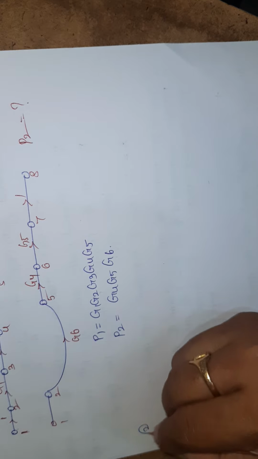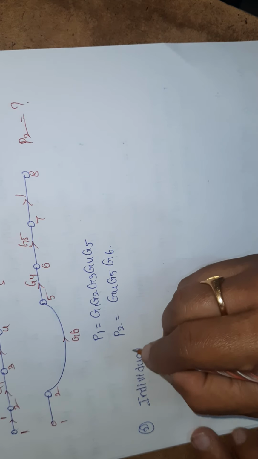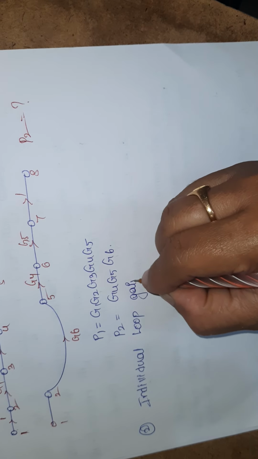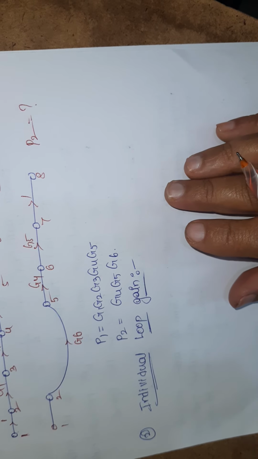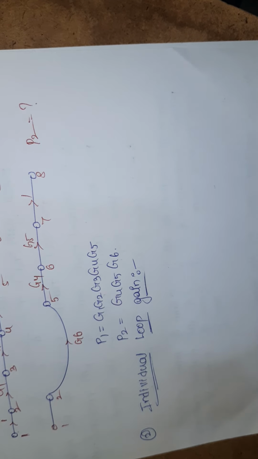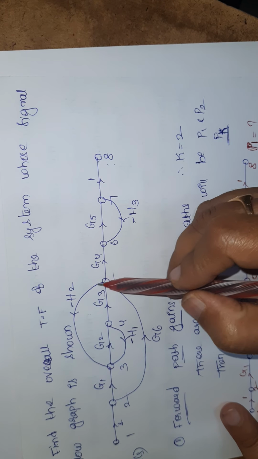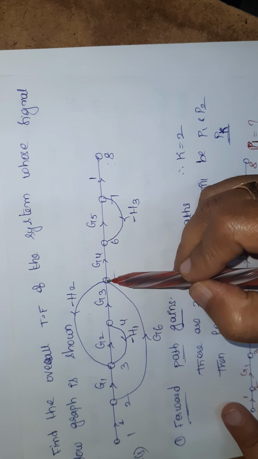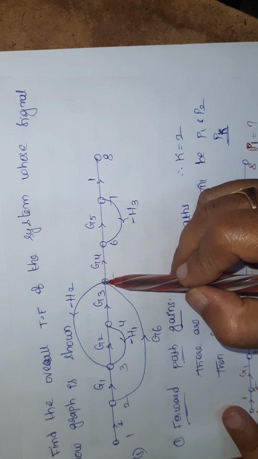The second stage is you have to calculate individual loops, and calculate the individual loop gain, and see how many individual loops are there. This is one individual loop. A loop is nothing but the starting and ending node should be the same.